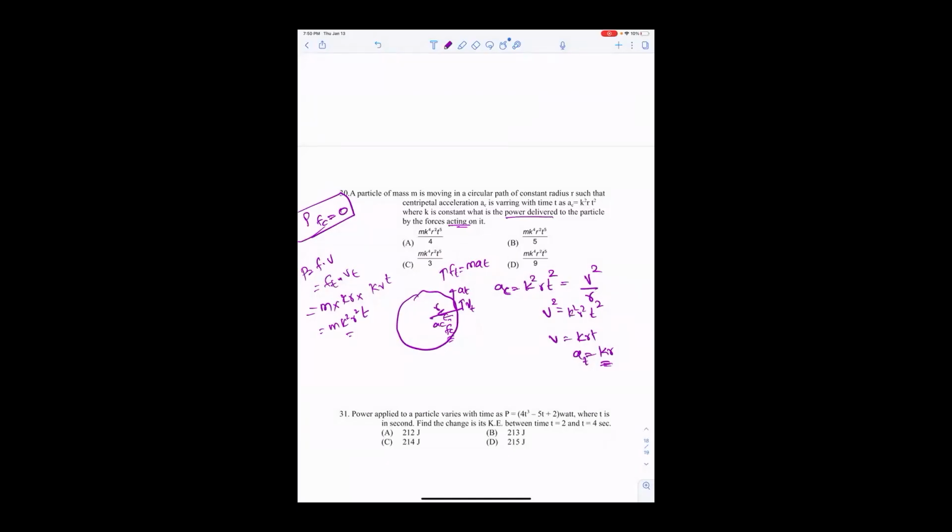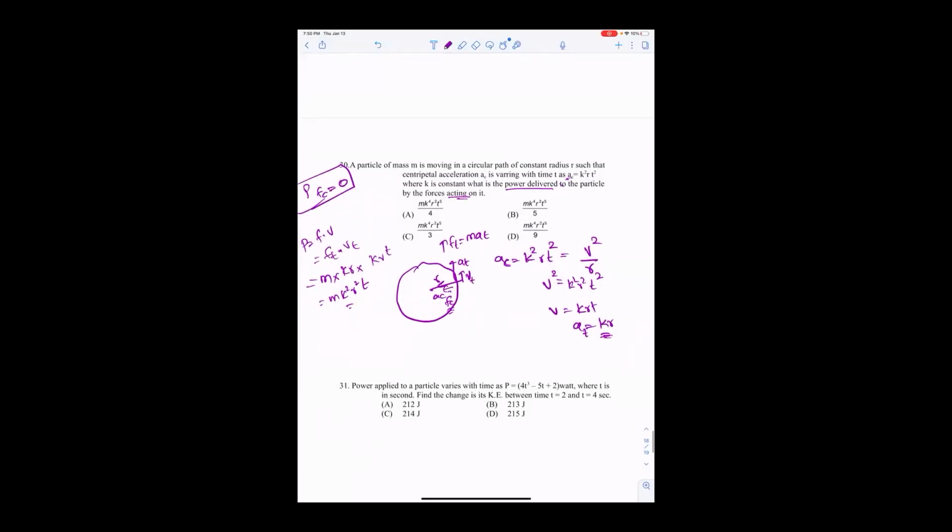Acceleration here, which is v square by r, I have differentiated: tangential acceleration is k into r. Then tangential velocity is k r t. Power is this only, right? F tangential dot velocity.